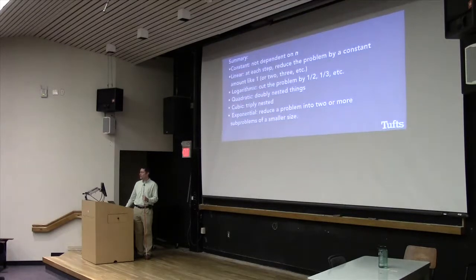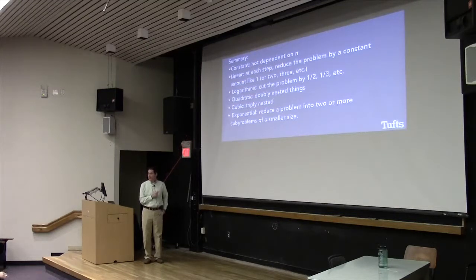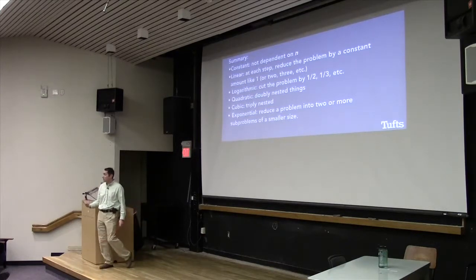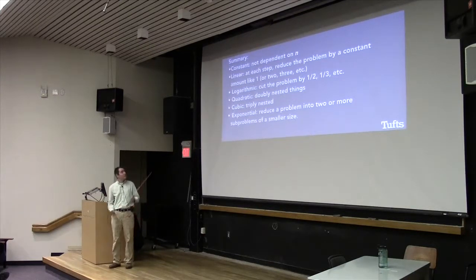Quick summary. If you are doing constant time, that is not going to be dependent on your input size, which is great. You love that. Holy grail. If you're doing linear, at each step you reduce the problem by a constant value, like 1 or 2 or 3 or whatever, that's still going to be order linear, a big O of n.